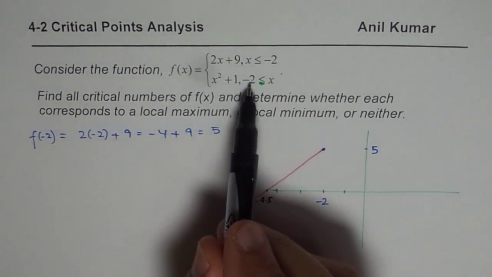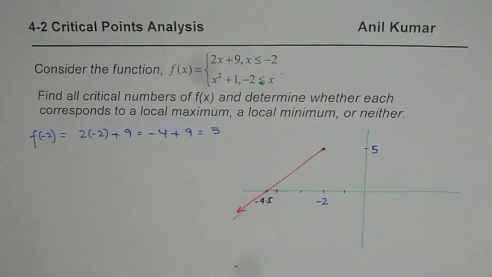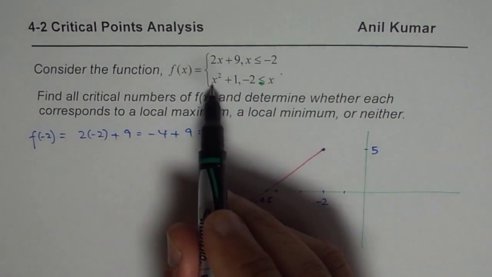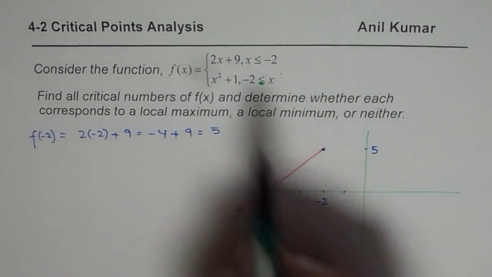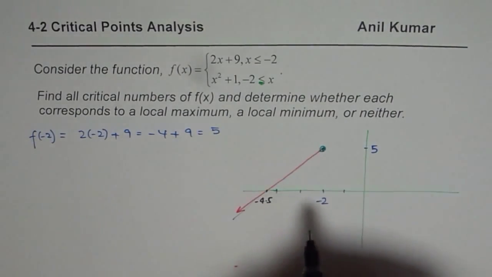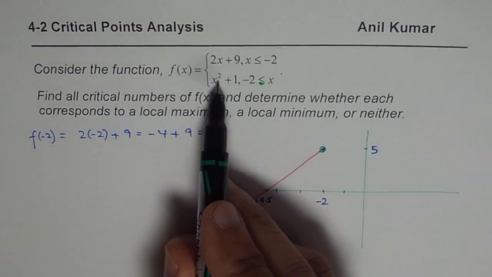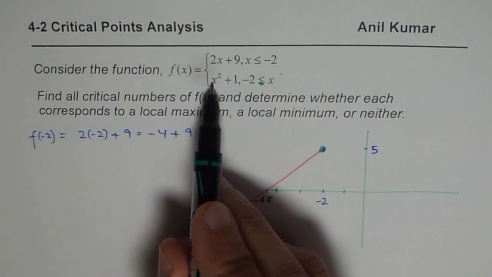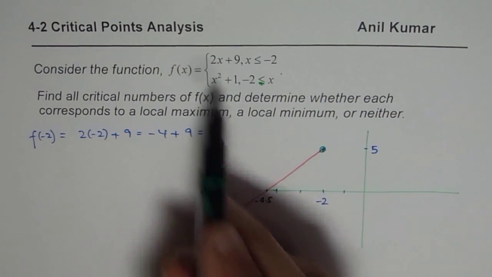If I substitute minus 2 there, I get a hole here. For that value, let me use a different ink to sketch it. Minus 2 squared is 4, 4 plus 1 is 5, so we get the same point. So it is a hole, but it's the same point. It's a parabola opening upwards, where the axis of symmetry is at 0.